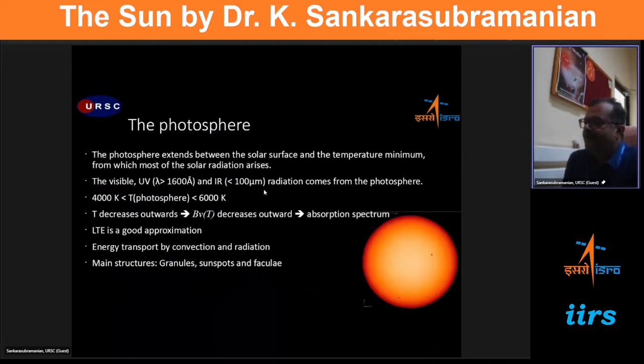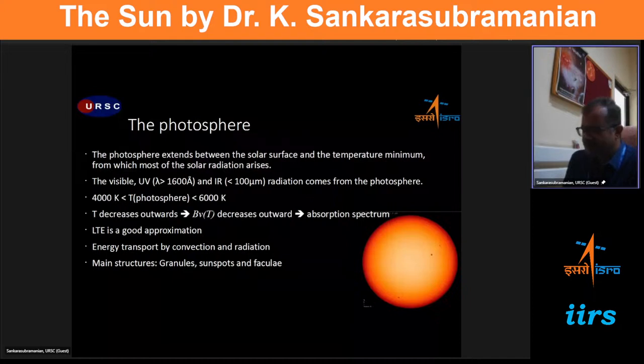The photosphere extends between the solar surface and the temperature minimum, and from there most of the solar radiation arises. So the visible, UV and IR parts come from the solar photosphere. The temperature varies between 4,000 and 6,000 degrees Kelvin, and the temperature decreases outwards.